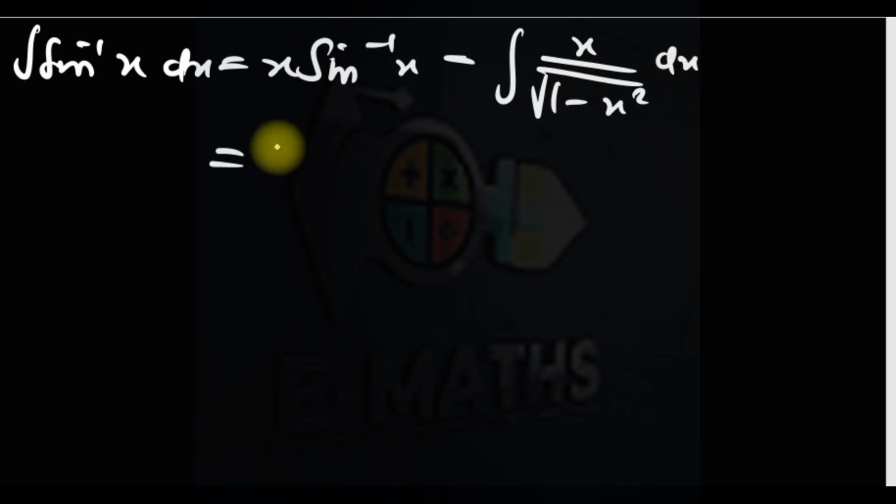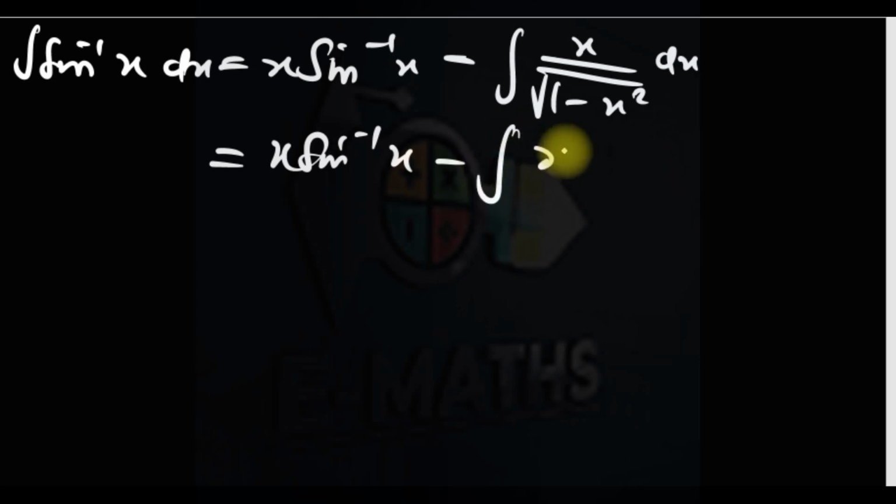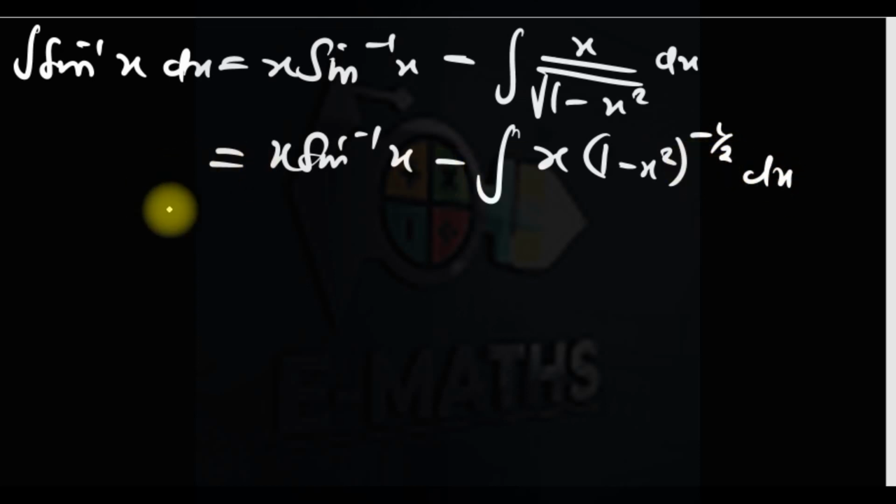So I can write this so that I can easily see that it is of that form I just showed you. We can write this as 1 minus x squared raised to power minus half dx.